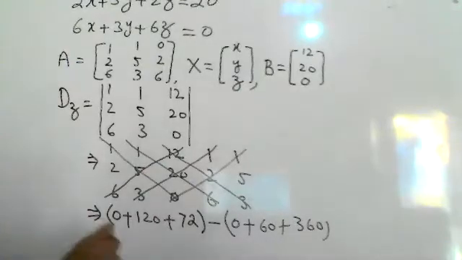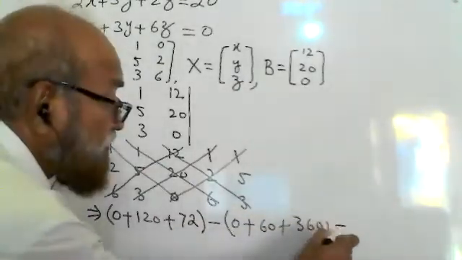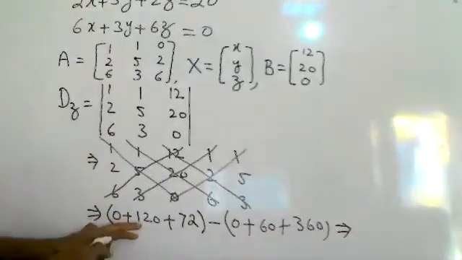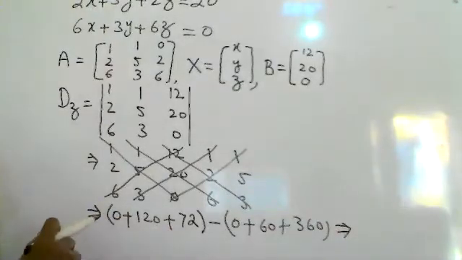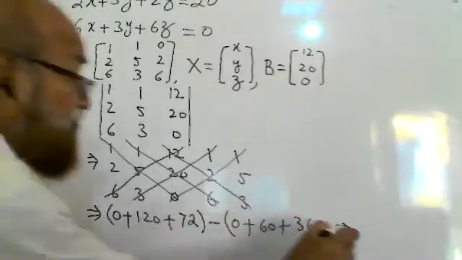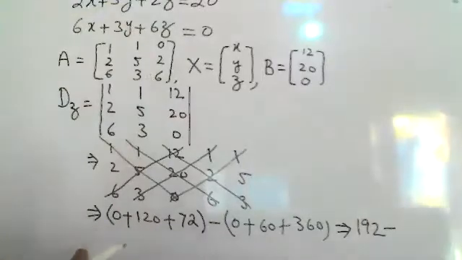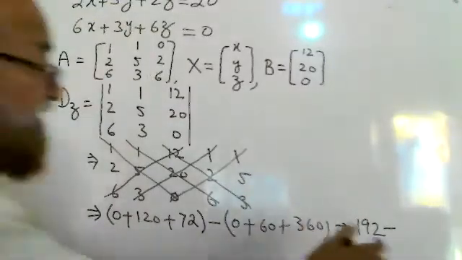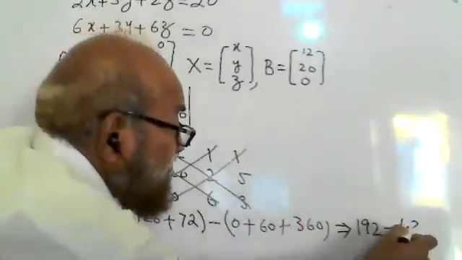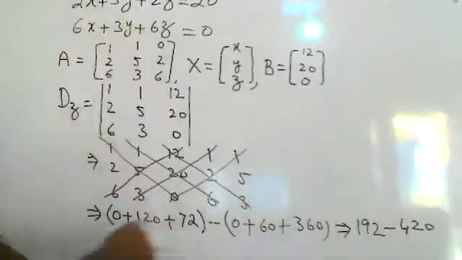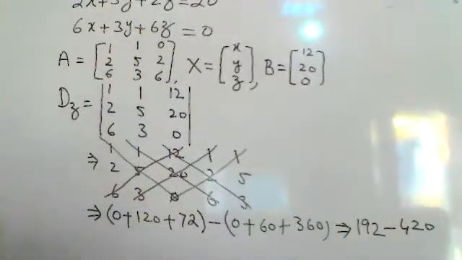The answer will become 120 plus 72 will be 192, minus 360 plus 60, 420. 192 minus 420.